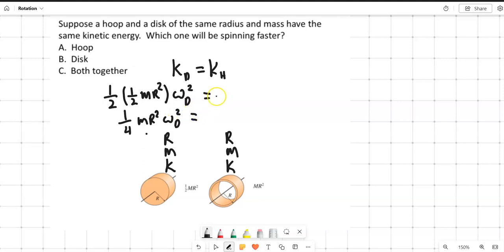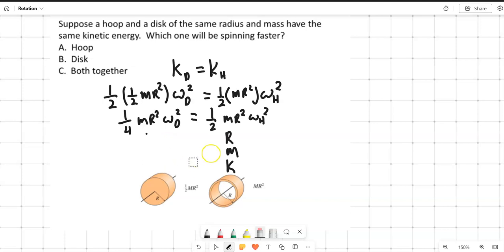On the right-hand side this is going to be 1/2, but its moment of inertia for the hoop is m r squared, and its omega, we're going to subscript it with an h, and we're going to square that. So this is going to be 1/2 m r squared omega sub h squared. Kind of running out of room here. So is it okay if I erase these little units so I get a little bit more room?